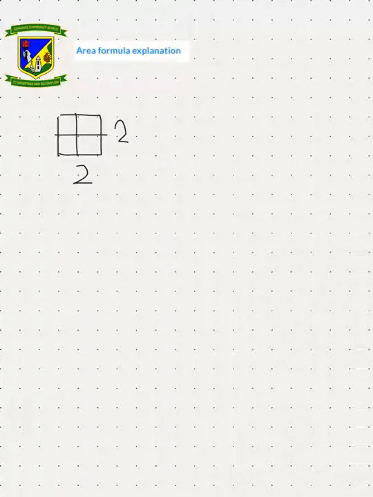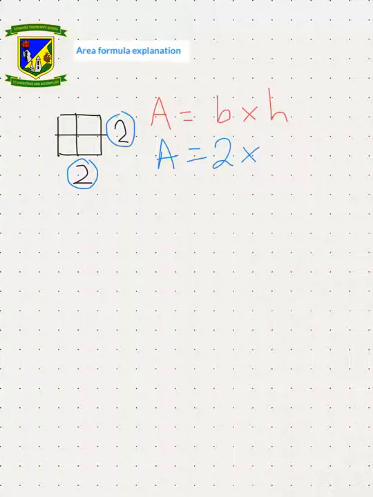Now, the formula to calculate the area of a square is the base times the height. So in this example, we have got a base of 2 and a height of 2. So the area becomes 2 multiplied by 2, which is 4.